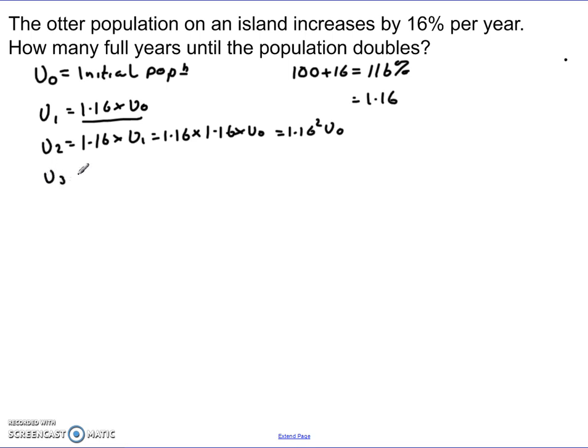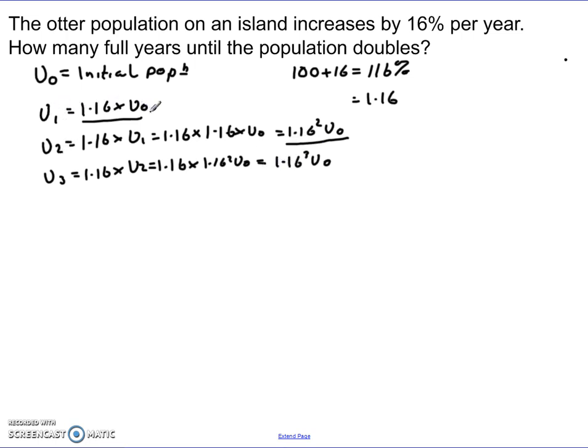My third year, I know I can write as 1.16 times my second year, U2, but I know U2 could be written in terms of the initial population. So it's going to be 1.16 times 1.16 squared U0, which then gives me 1.16 to the power of 3 U0.